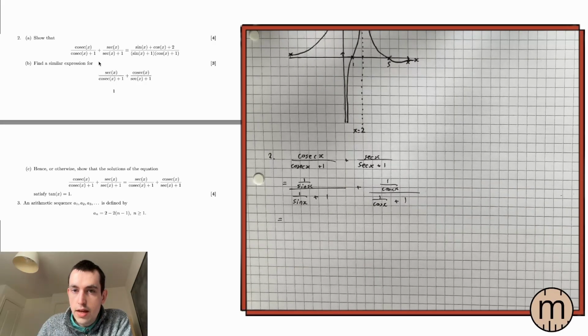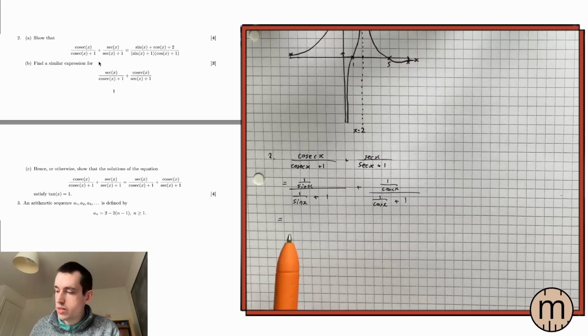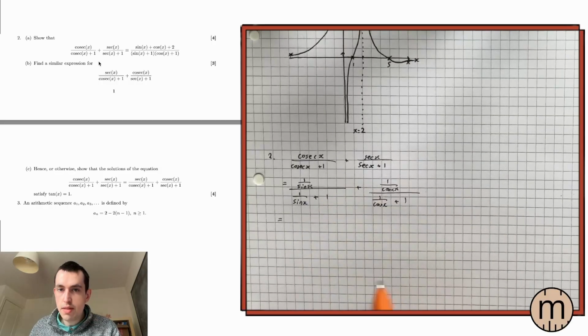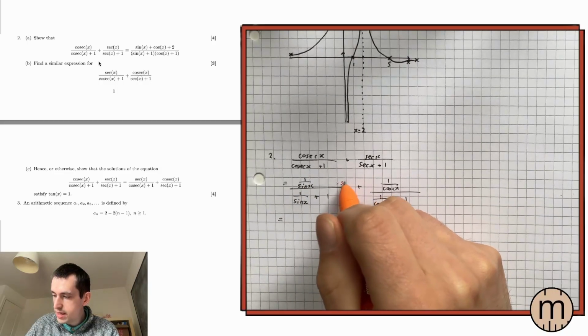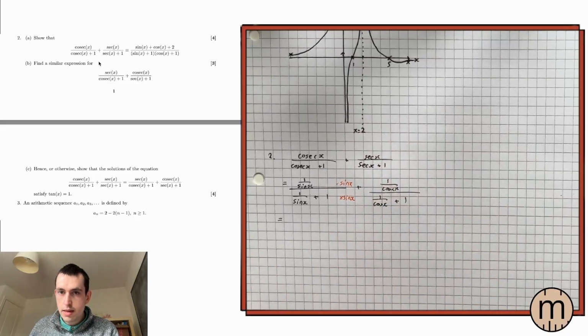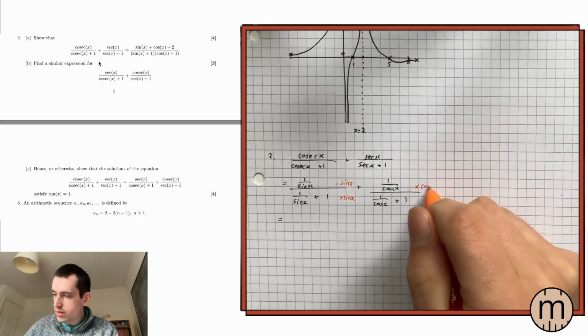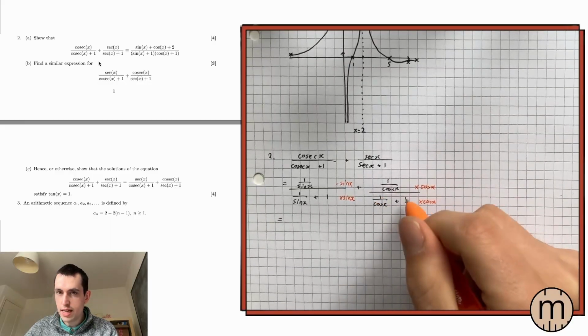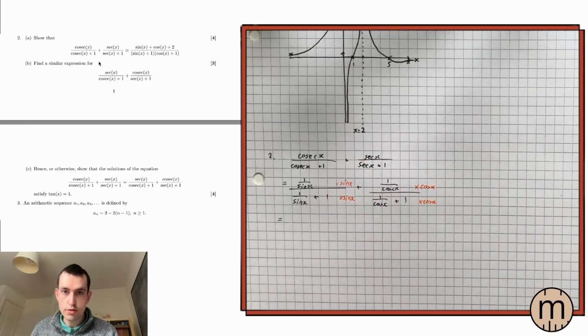Now, if you're not used to dealing with triple or quadruple fractions, the best way to do it is think about timesing the numerator and the denominator by the same thing, which will cancel out the thing you don't want. So here, I'm going to times this by sine x and this by sine x. And then I'm going to times this numerator by cos x and this denominator by cos x, treating it as a bracket here and a bracket here, of course.